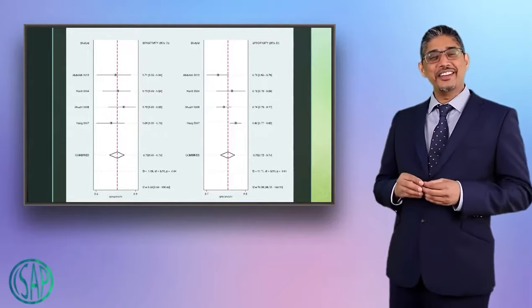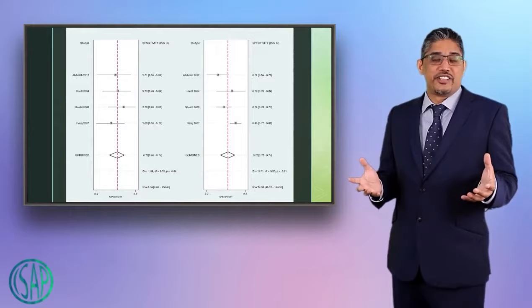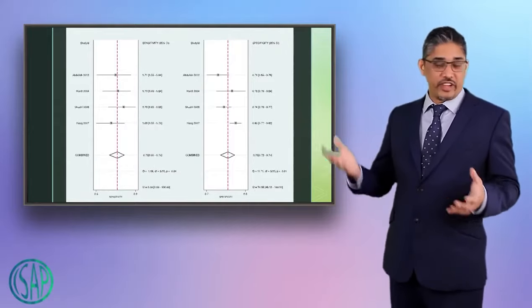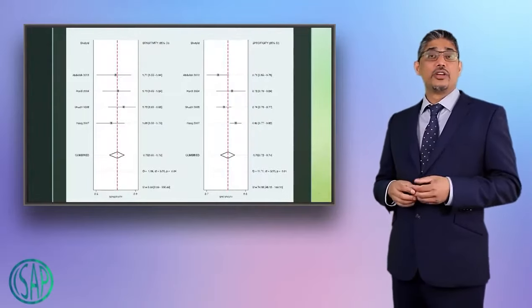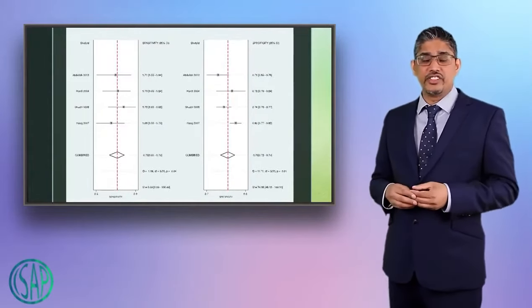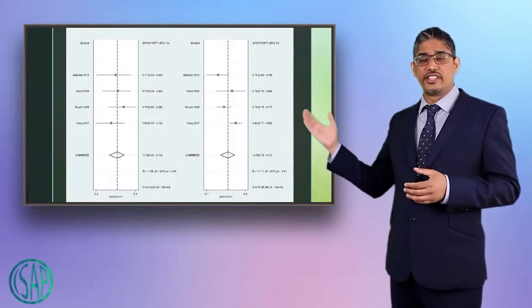So why do we need to derive a pooled estimate to perform a meta-analysis? That's an interesting question again. So why can't we just take the face value of each study? Is that what you're asking me? Yes, you can see that the face value of each study is different. Like, Abdullah et al. is reporting a different sensitivity.